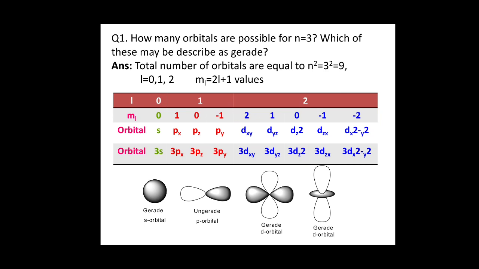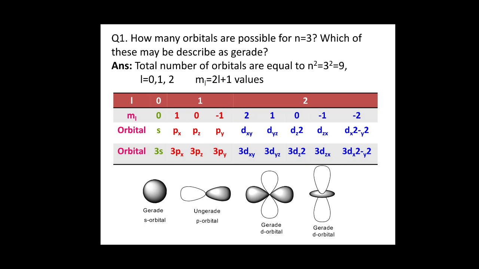Okay, in order to understand this problem we need to know some preliminary things about the atom. In an atom we have shells, and each shell is represented by a quantum number called n.